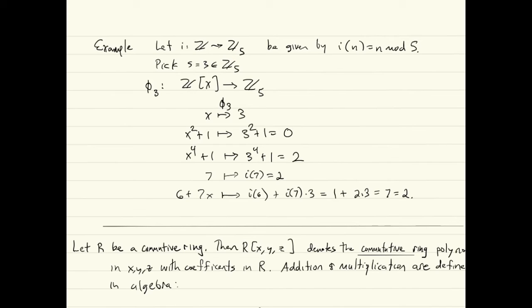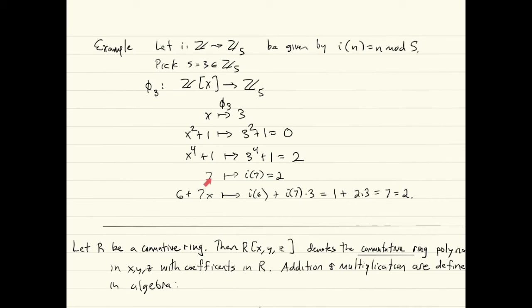Okay, and then because this is a ring homomorphism, x times x, or x squared, has to go to 3 squared, and then x squared plus 1 has to go to 3 squared plus 1. Again, that's because we're insisting on phi sub 3 being a ring homomorphism, and so it respects addition and respects multiplication. So once you tell me where x has to go, everything else is forced.